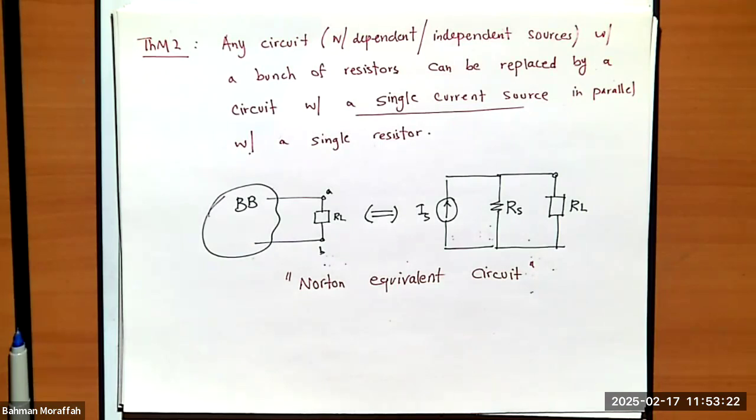That's pretty nice, right? Because this black box can be very, very complicated. I just need to solve it once to get IS and RS. I can plug it in there, and that's it.